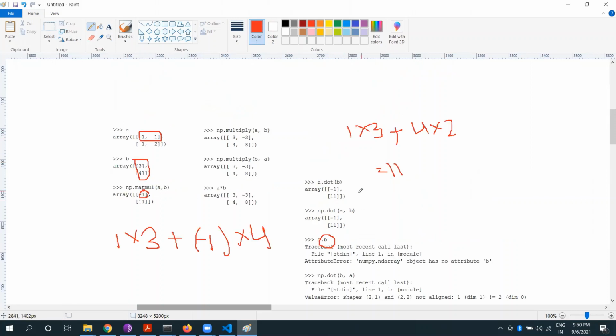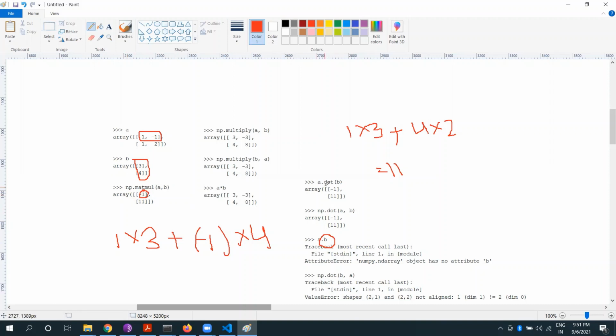Yeah, -1. So you were asking how did this come? Okay. So A is 1, -1. Dot is, we multiply all of the instances of this number. It is the same operation as matrix multiplication.